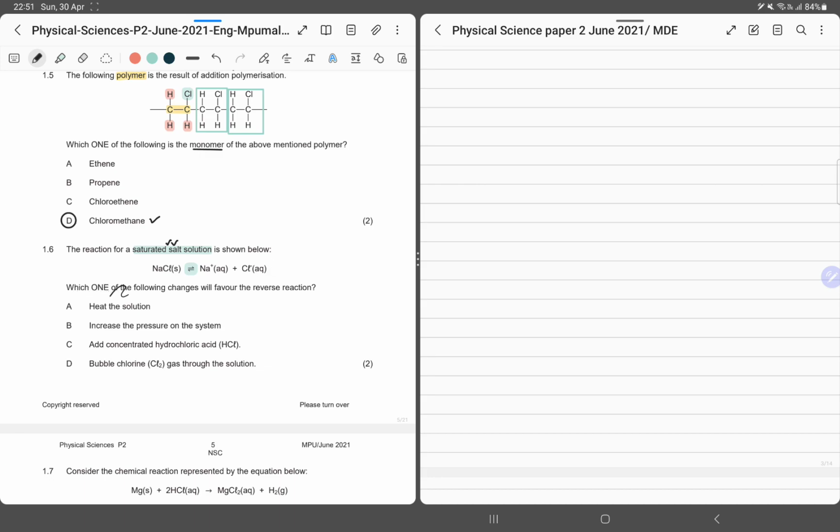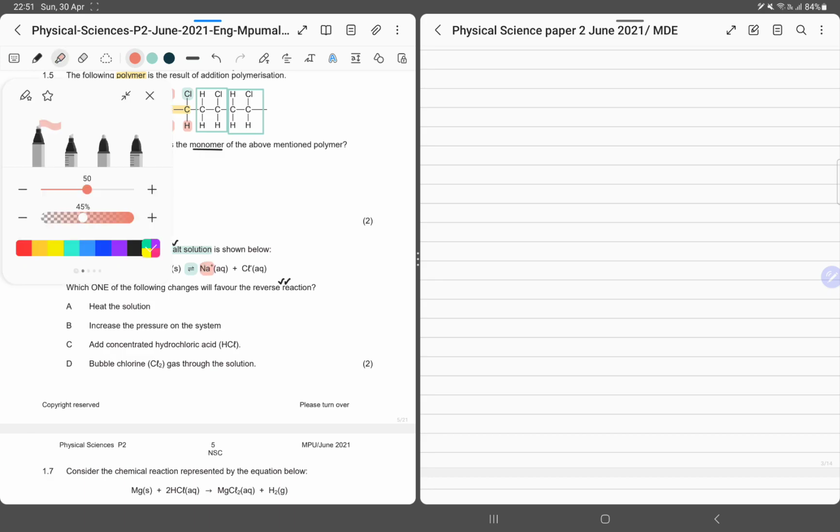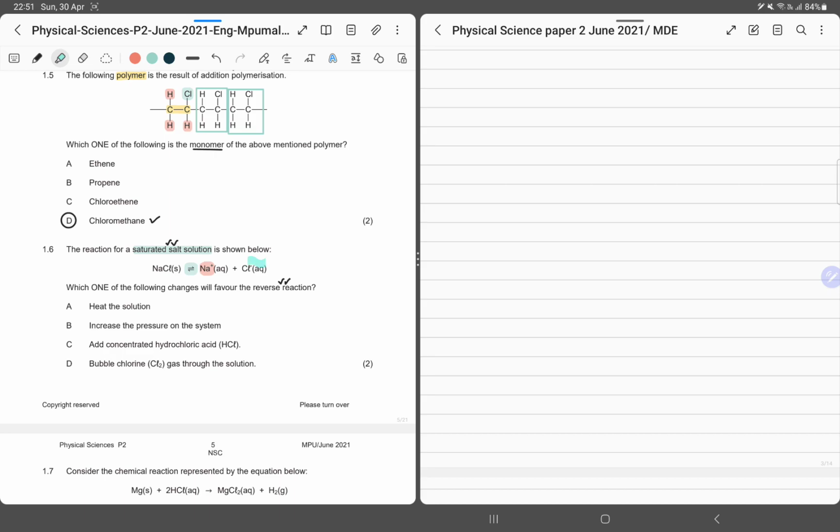Now the question says, which one of the following changes will favor the reverse reaction? Now for us to favor the reverse reaction, it means we have to either increase the amount of sodium, okay, or the amount of chlorine, because that is how we can reverse this reaction, because we don't know about the delta H.